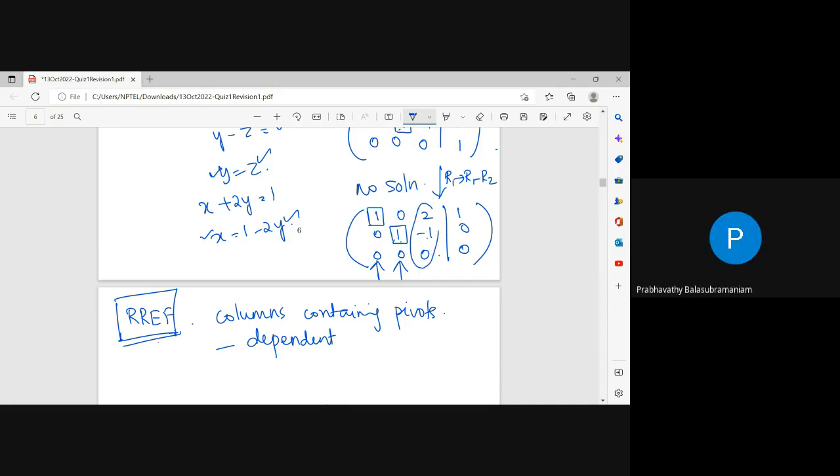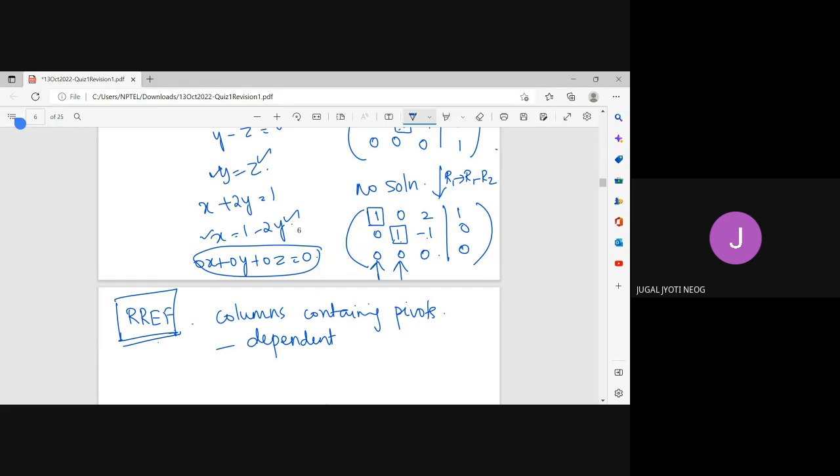Infinitely many solutions. There is no pivot here, which means z is independent. You can choose any value for z. The last equation is 0x plus 0y plus 0z is equal to 0. That's nothing new. There is no information from the third equation.